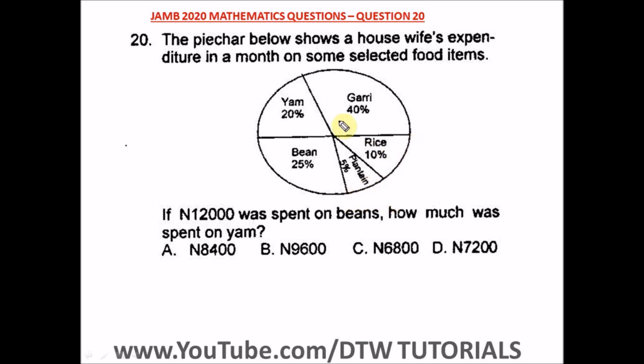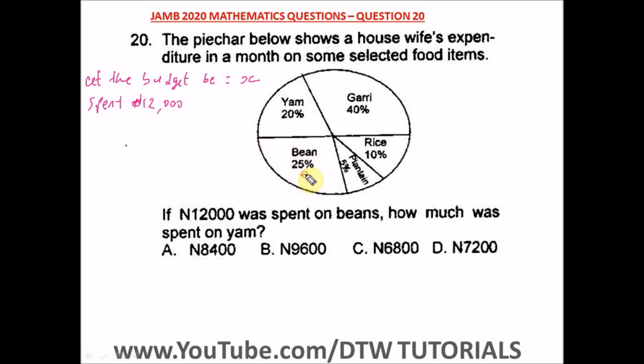Let's find how much is the money. So let the monthly budget be X. And we're told that out of X, she spent 12,000 naira on beans. So to find X, we have to check what X is.